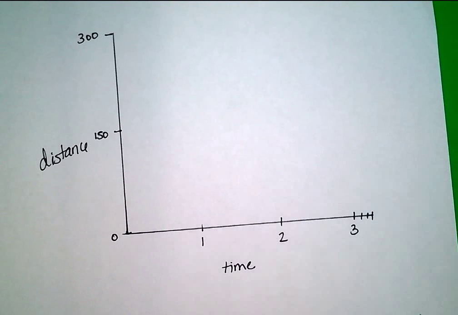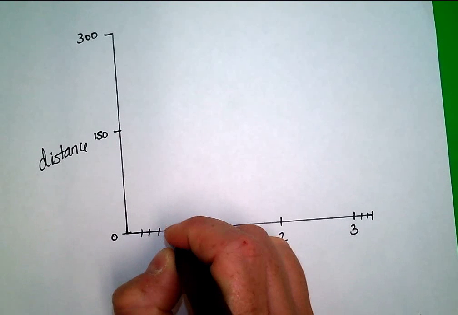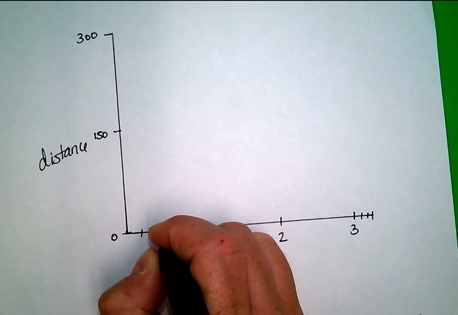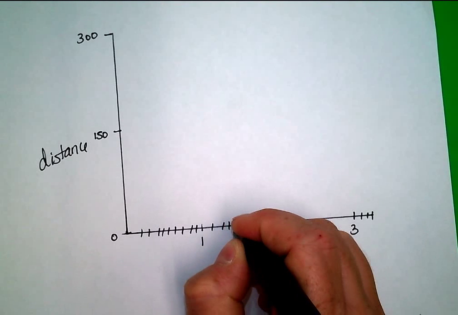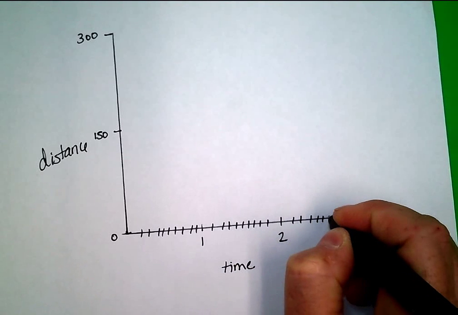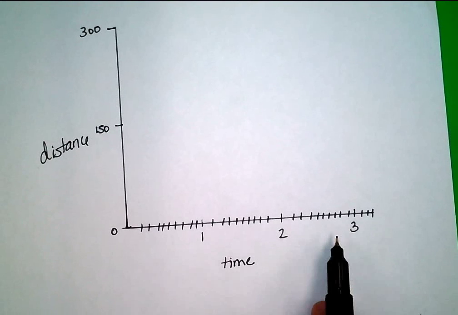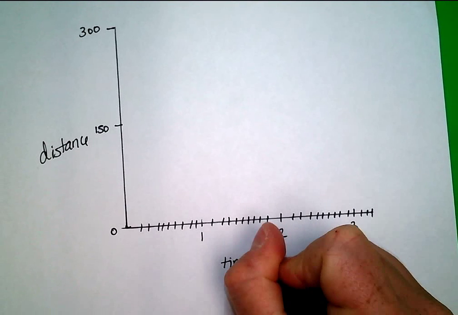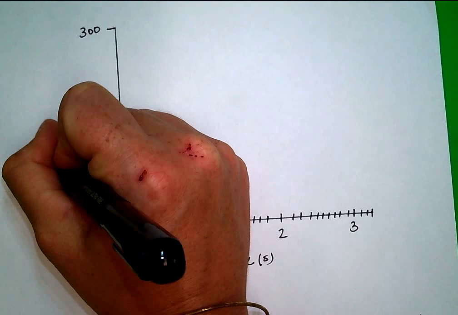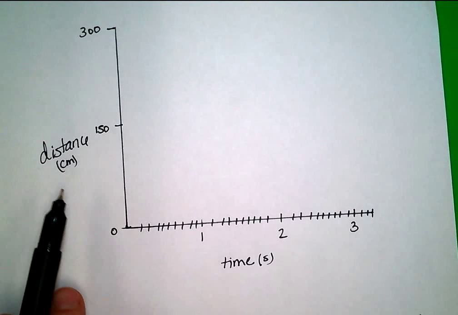So that gets me to 3.3. Not exact, but this is broken up by tenths, and this is my time in seconds, and this is my distance in centimeters. Don't forget that, because I would have counted off if you turned that in. So be sure you know your units there as well.